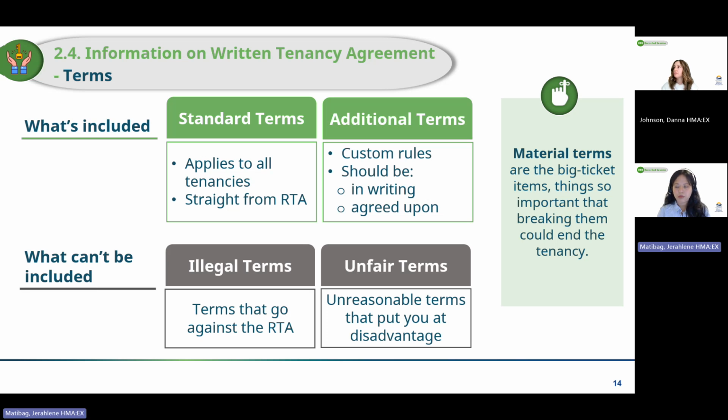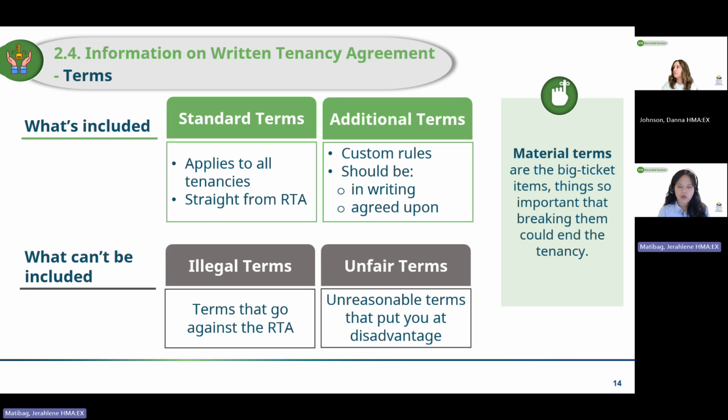These are the rules that put you at a serious disadvantage without a good reason. For example, not allowing an air conditioner when there's no valid reason to restrict it. So if you see these terms, try to talk to your landlord and have them removed before you sign. But even if you do sign, illegal or unfair terms are generally not enforceable.